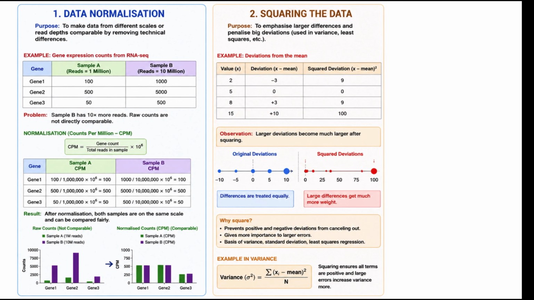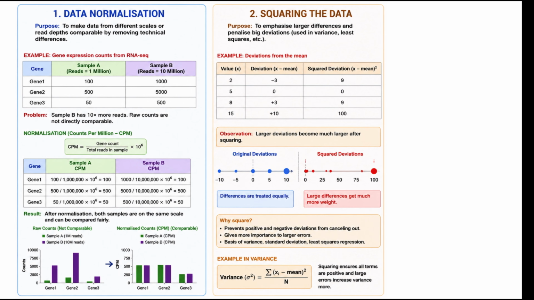Therefore we normalize this data with a similar approach, by taking the percentage: gene A count divided by total reads in that particular sample, just like the marks we calculated for 50 marks and 100 marks. That is one approach we use for data normalization. We also use log transformation when we compare two samples.